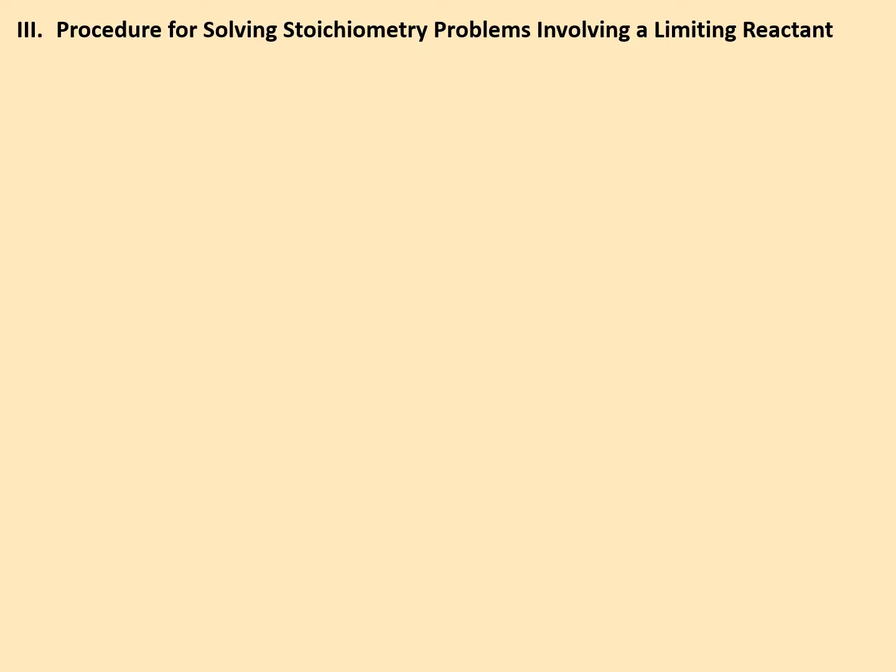In this slide, I'm going to outline a procedure for how to solve the stoichiometry problem involving limiting reactants. In other words, a stoichiometry problem where you do not start out with the exact right amount of each reactant to form the products. I want to point out that this is not the only procedure, this is not the only way to go about solving such problems.